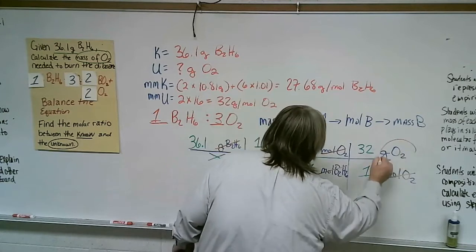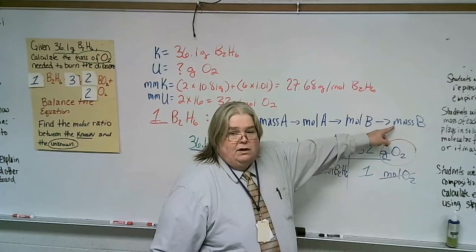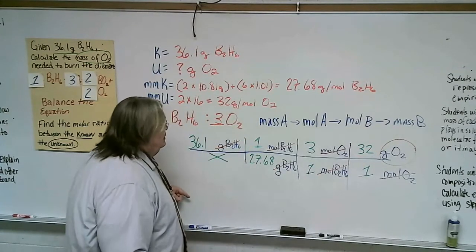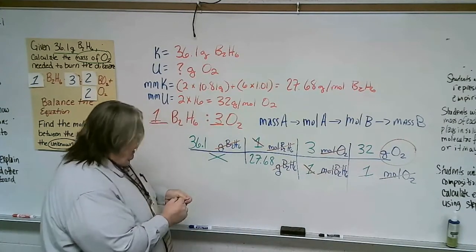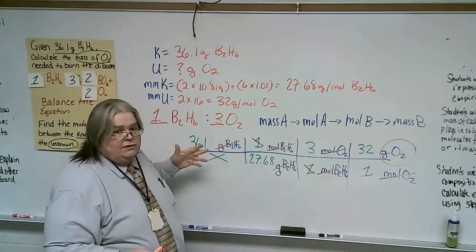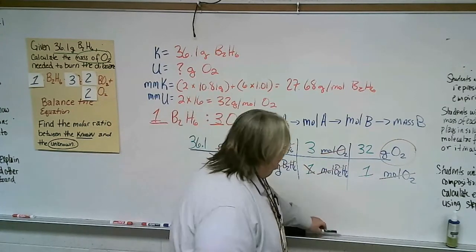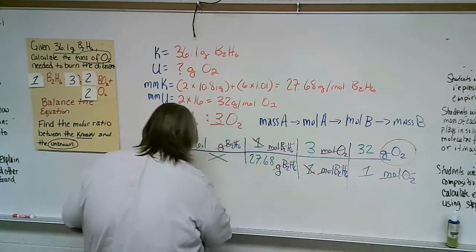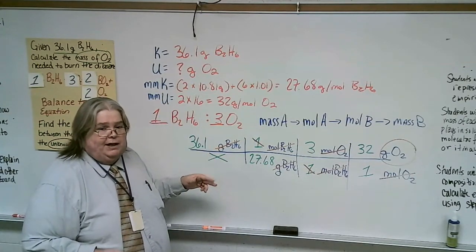We're left with grams of oxygen, which is what we're looking for. Nothing else really cancels out, so that means we have to keep it. We've canceled out everything that can be canceled out.